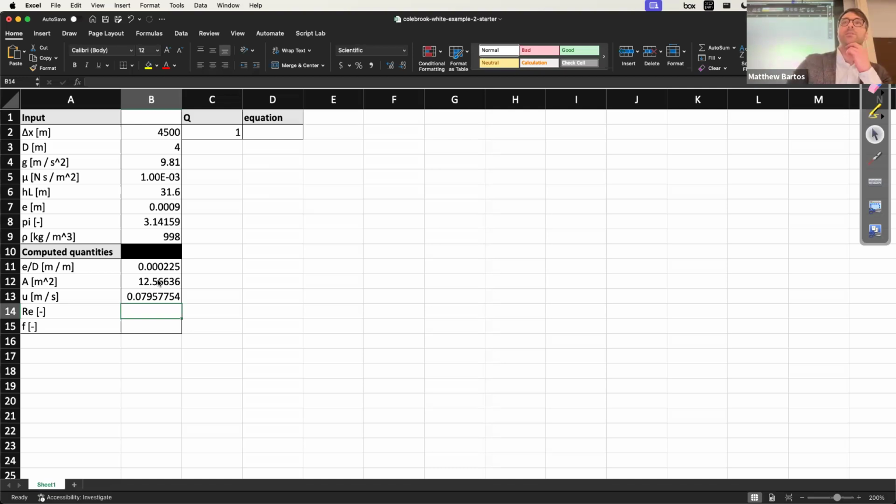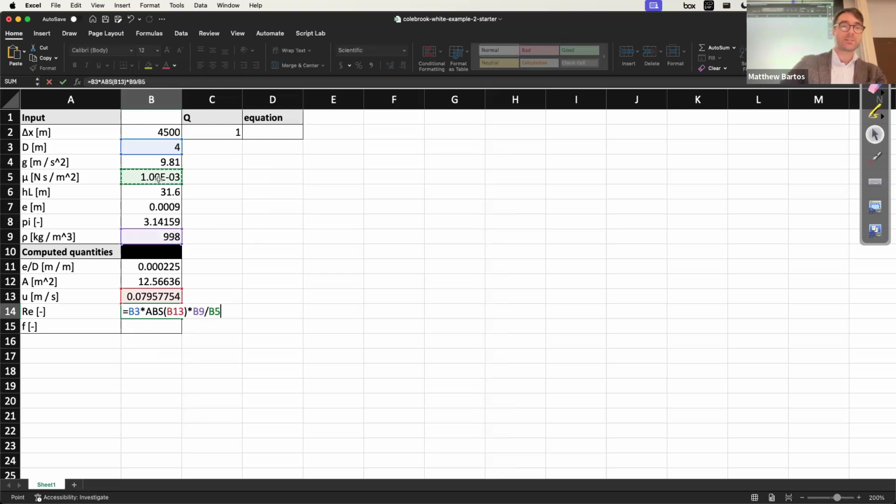For the Reynolds number, this is going to be the diameter times the velocity times the density divided by the dynamic viscosity. I'm going to make a slight change to this so that we can make sure that our solver converges. So pay attention. I'm going to take the diameter times the absolute value of the velocity times the density divided by the viscosity.